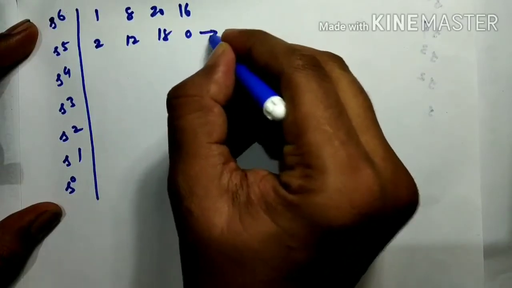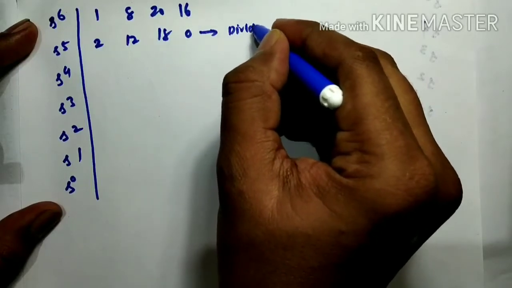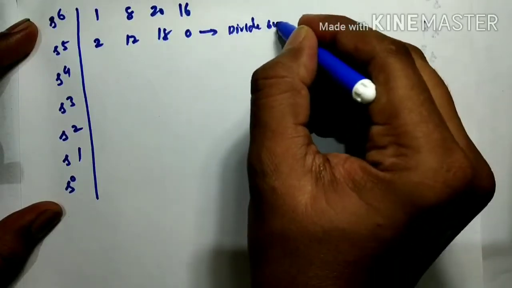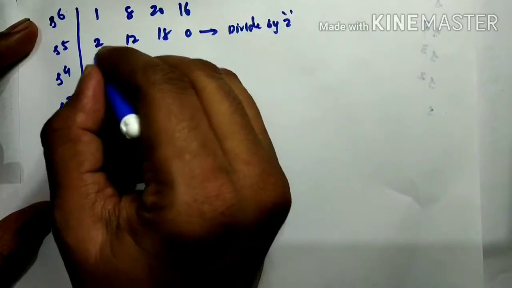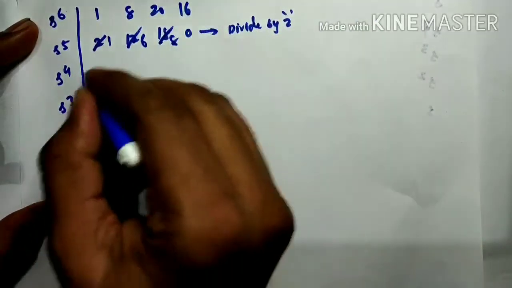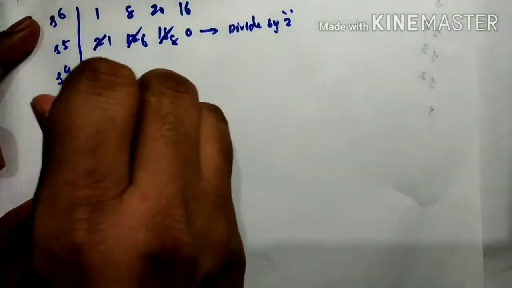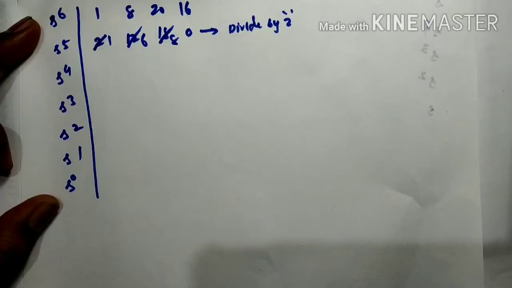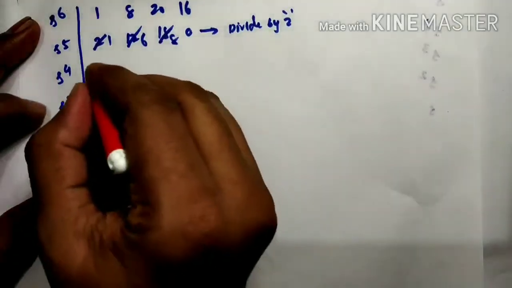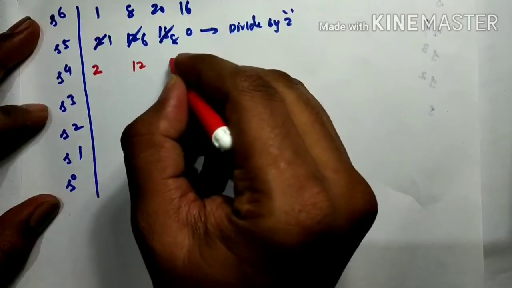So this was divided by 2. When you divide by 2, you got here 1, you got 6, and you got 8. And after finding, you got here 2, you got 2, then 12, and here 16.